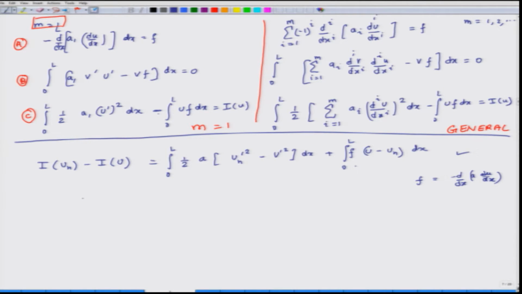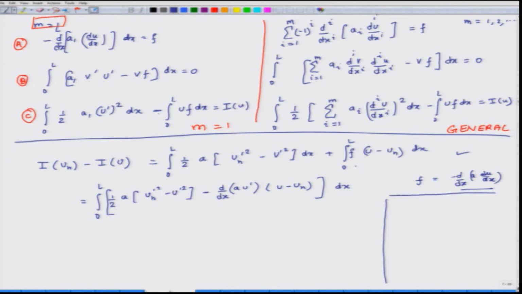So, with that understanding I will write this equation again: the integral from 0 to L of half a, u h prime square minus u prime square, and then minus, replacing f by this expression, d by dx of a u prime, times u minus u h, and this entire thing is going to be integrated with respect to x.